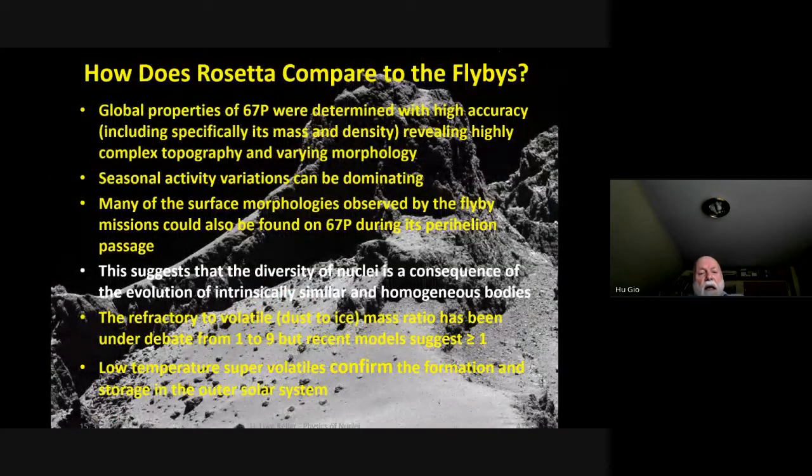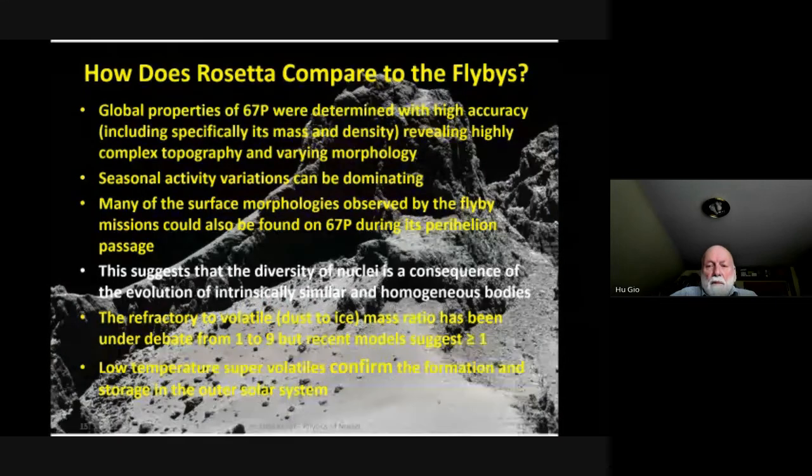So how does the Rosetta mission compare to the flyby missions we have seen before? Of course, Rosetta determines the physical properties of the nucleus with a very high accuracy, like shape and mass and density.